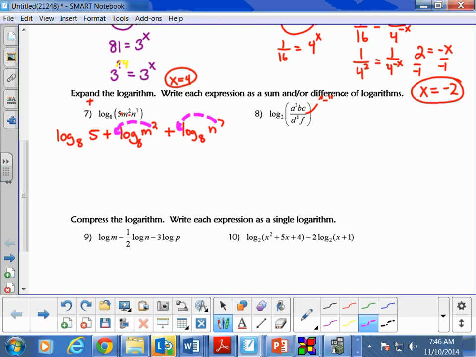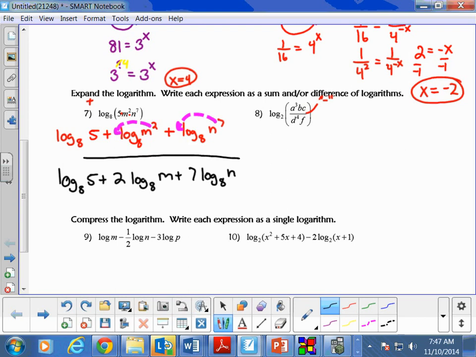So that's what I'm going to do next. So with this one, my final answer is going to be log base 8 of 5 plus 2 log base 8 of m plus 7 log base 8 of n. And this becomes my final answer.